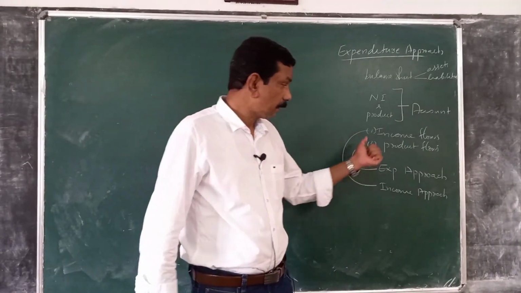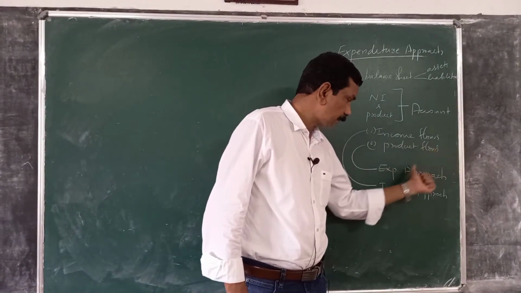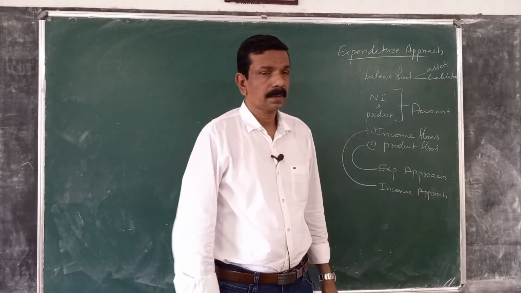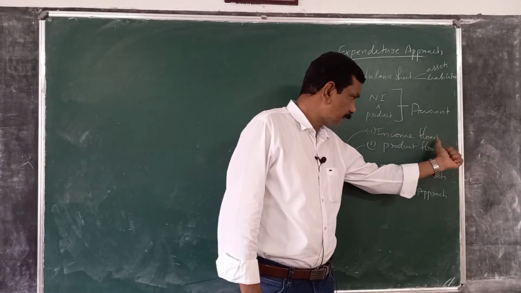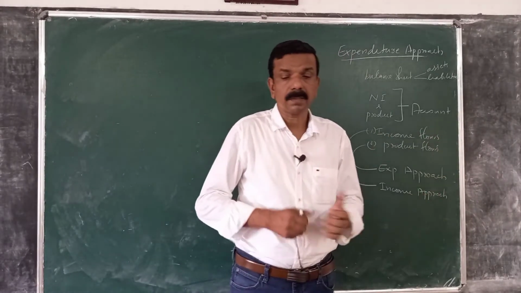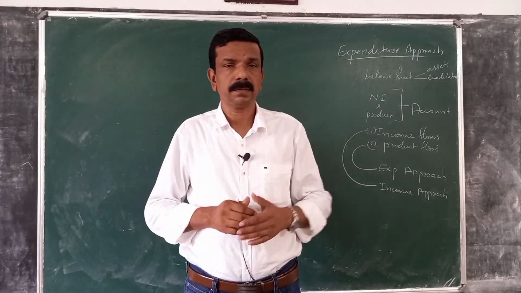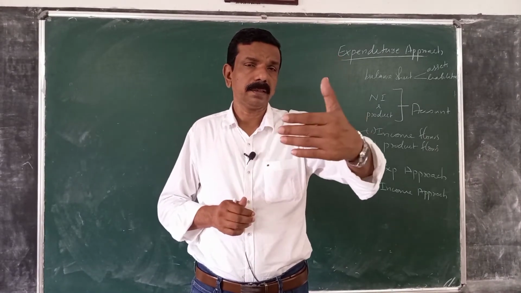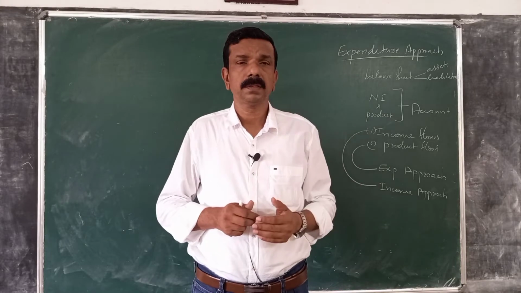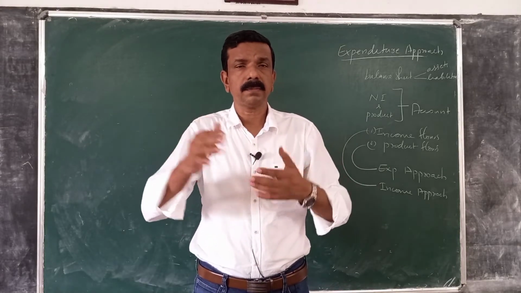To calculate it from the product side, we use the expenditure approach, and to calculate it from the income side, we use the income approach. Remember these points very carefully. Then only you will understand various concepts associated with national income accounting later.